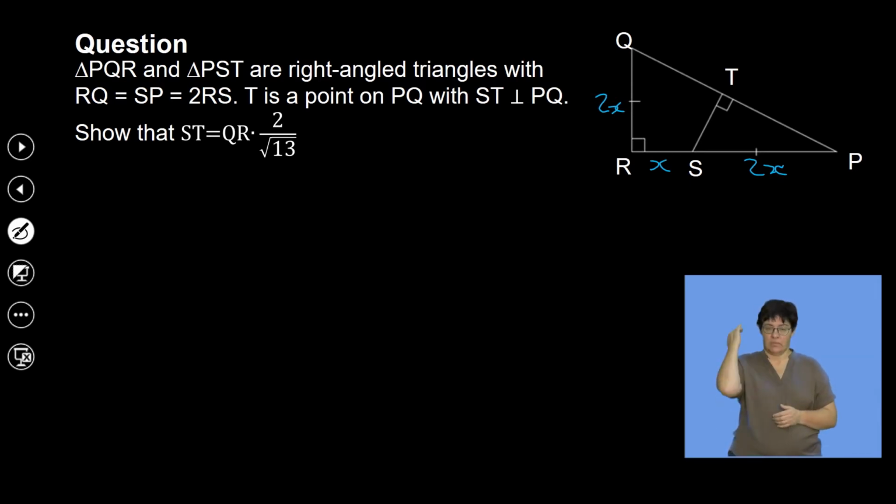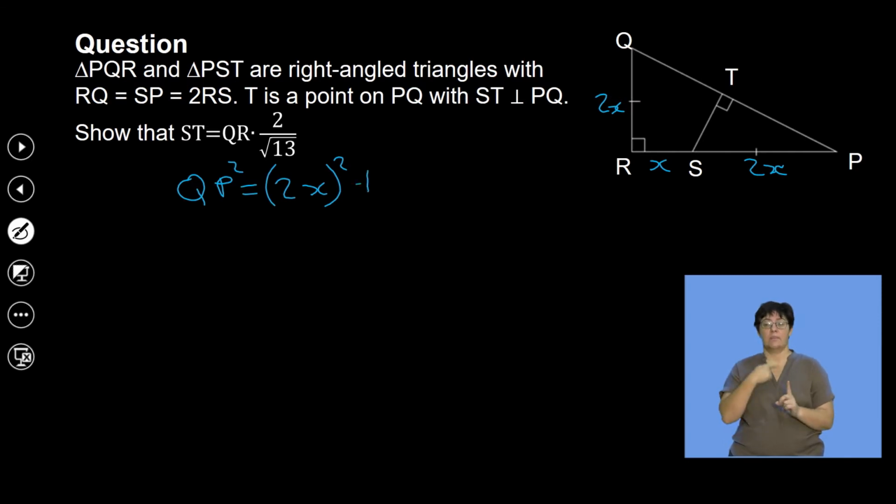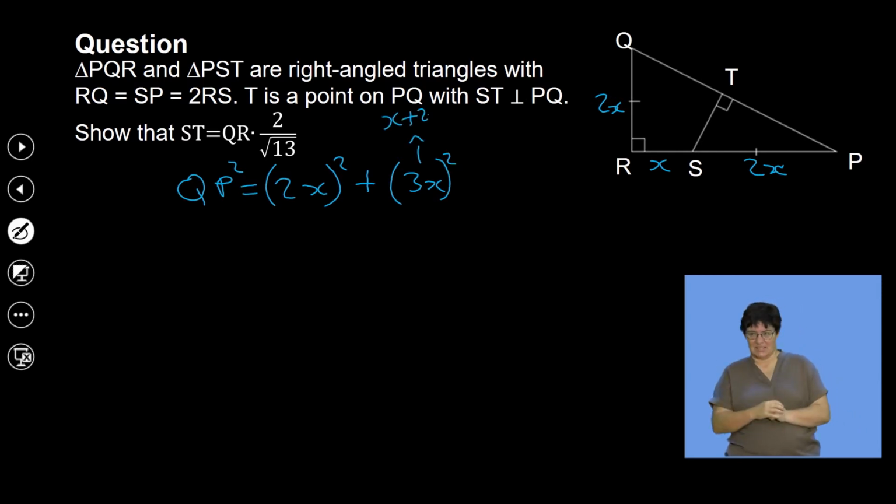So using the theorem of Pythagoras, I will first find what QP is. QP squared will then be equal to 2x, all of this squared, plus the 3x. And where do I get the 3x from? I get it from adding the x plus the 2x, right?